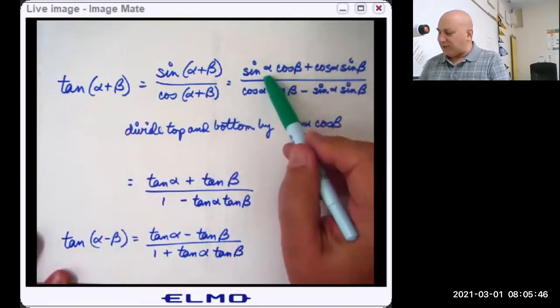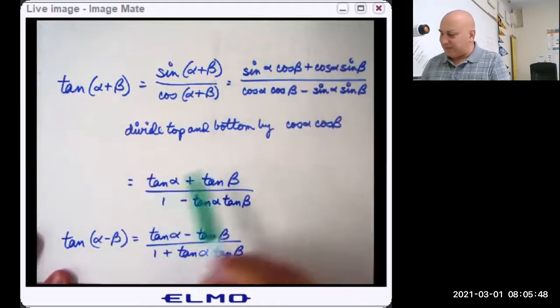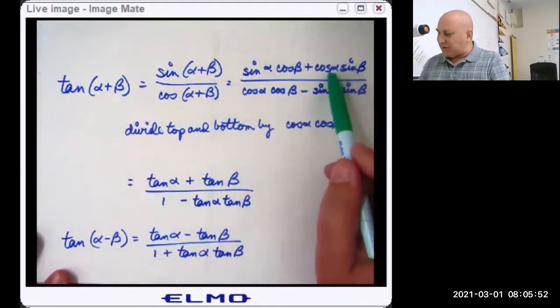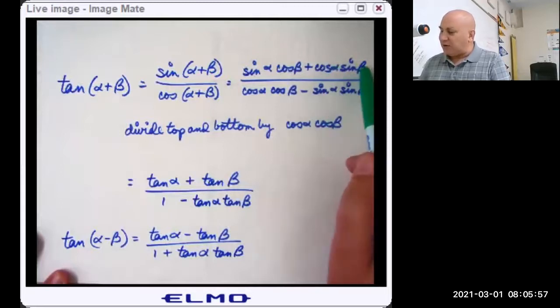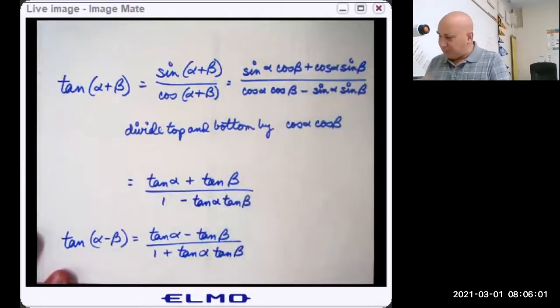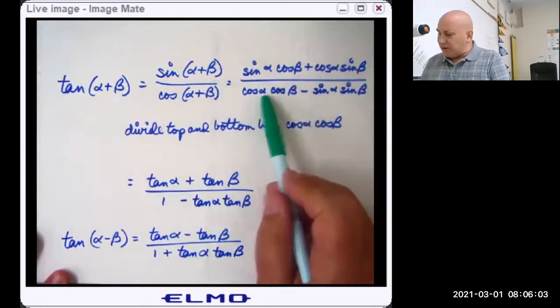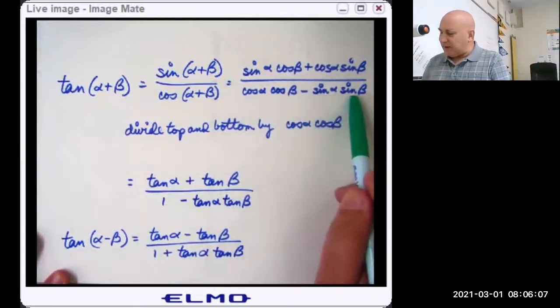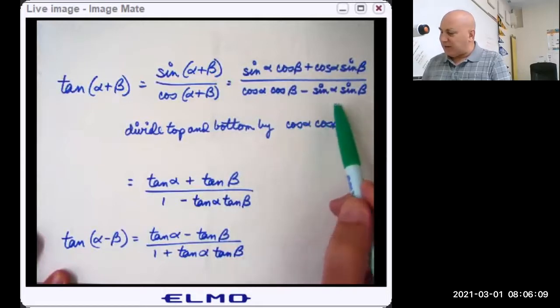You have sine A over cosine A, which is tangent A. Cosine A, divide this by cosine A cosine B. The cosine A's will cancel. You'll have sine B over cosine B, tangent B. Cosine A cosine B divided by that is 1. Sine A sine B divided by cosine A cosine B, you'd have tangent A tangent B.